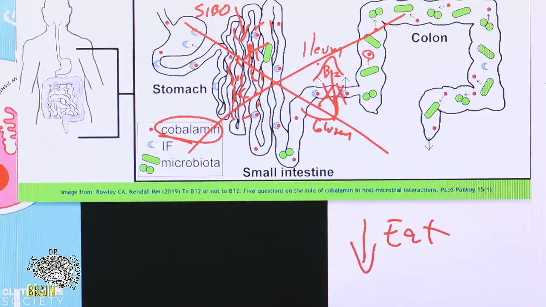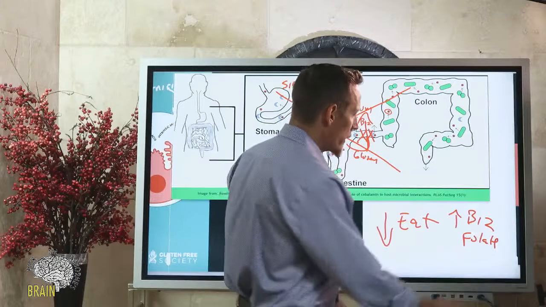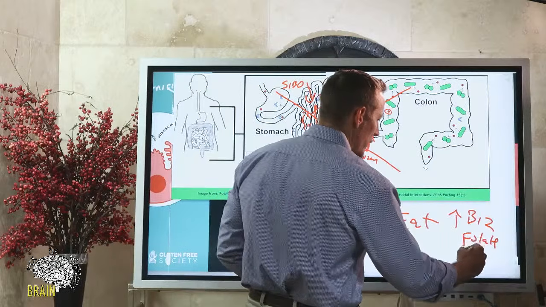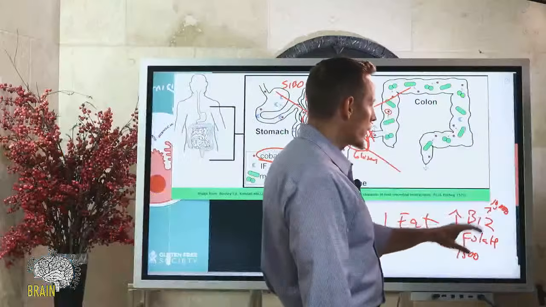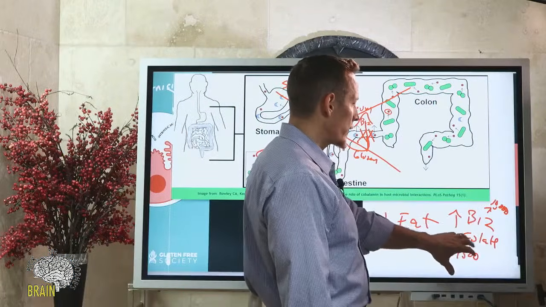One of the things that can be done is high doses of B12 and folate. And I wouldn't take just the B12 without the folate in the case of chemo, because chemo also affects folate. But you can get upwards of 10,000 micrograms daily for B12, as I mentioned earlier, and 1,500 for folate.